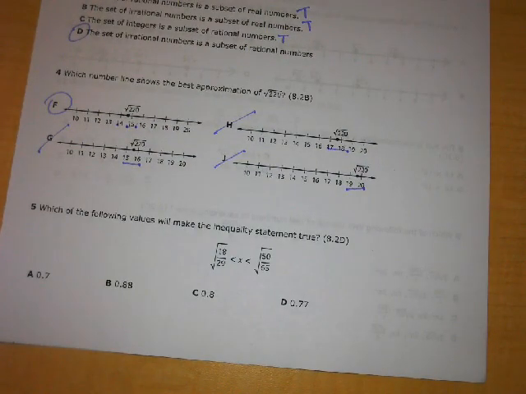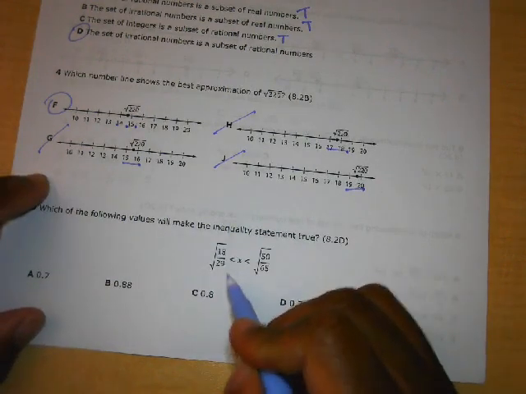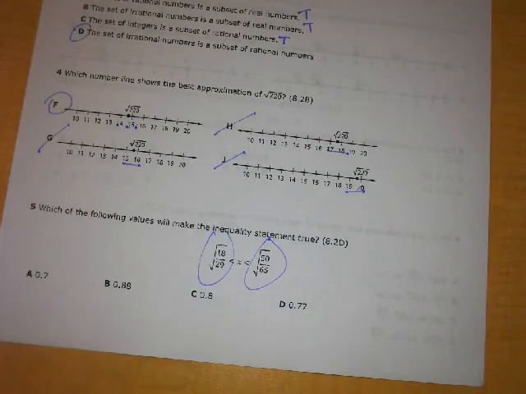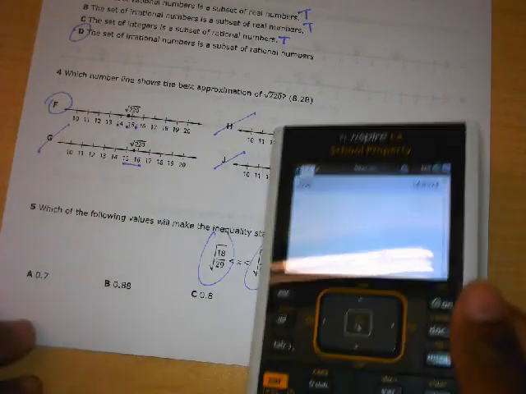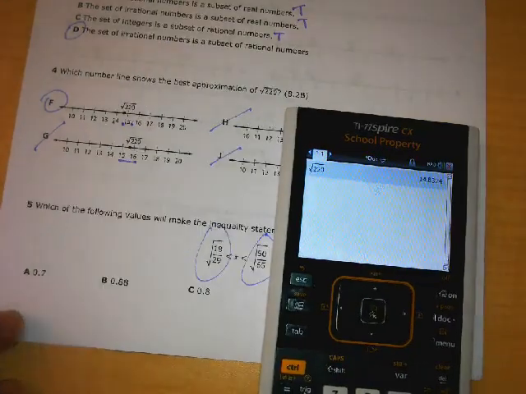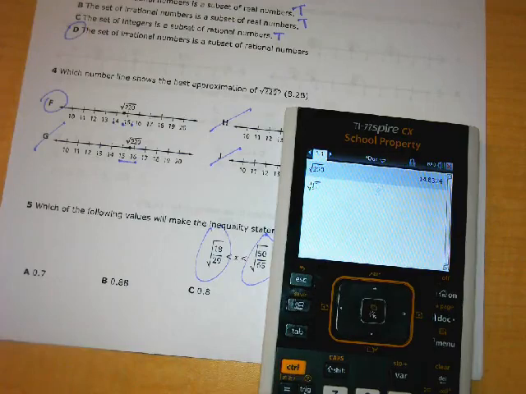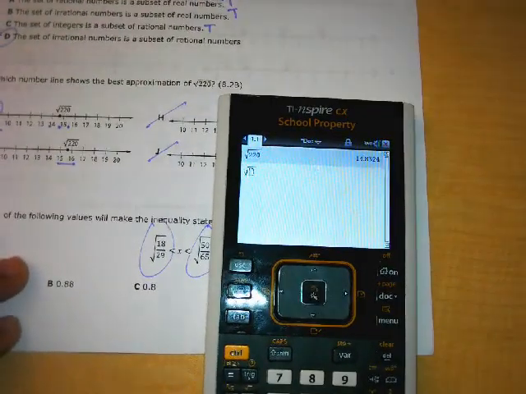So basically, we're trying to figure out which number is in between this number and that number. And so in our calculator, if you're given a fraction inside of a square root, here's how you do that. You want to open up the square root, which is control and then the x squared button. Let me zoom in.